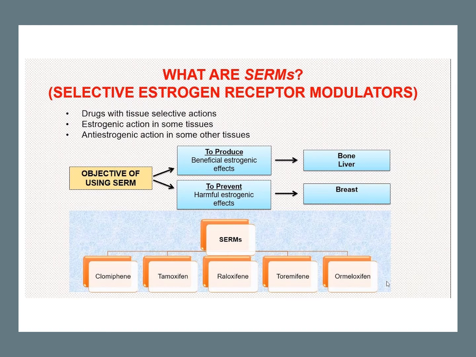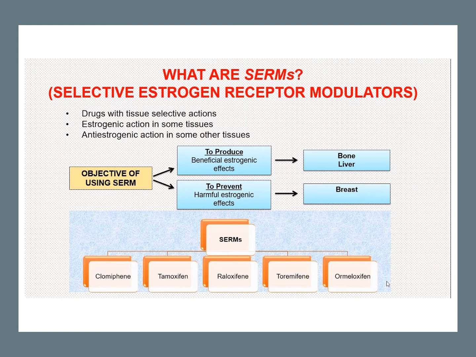Okay, the main one that we're going to talk about today is one called raloxifene, and raloxifene is used for osteoporosis. Okay, tamoxifen that you'll see at the bottom there is used for breast cancer. That's an estrogen blocker in the breast.